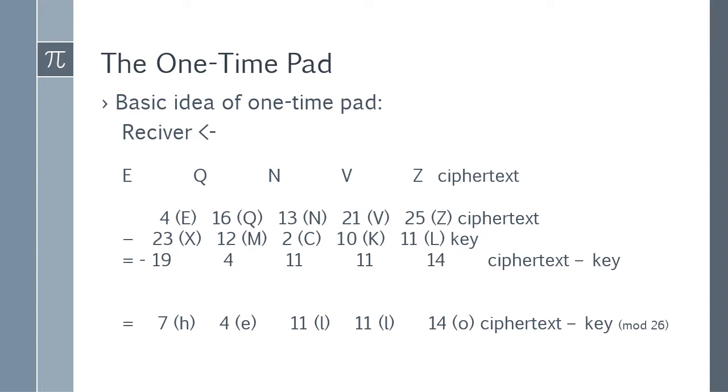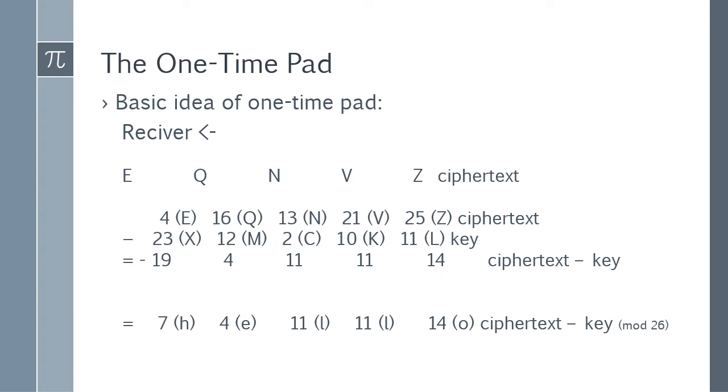So now the receiving party uses the matching key page in the same process, but in reverse, to obtain the plaintext. To obtain the plaintext, the key is subtracted from the ciphertext, again using modular arithmetic. So now we have 4 minus 23 and get minus 19, 16 minus 12 and get 4, and so on. So we have 11, 11 and 14.